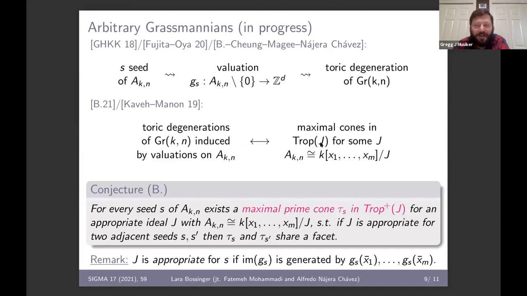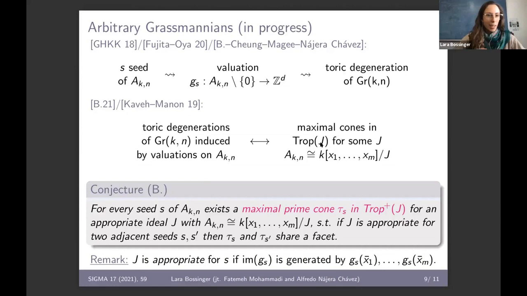I see. So I don't know if this is well defined since it would be outside the positive part, but does that mean that you could take some other maximal cone that's not necessarily in the trop plus, but just trop, and reverse engineer a quote unquote G vector map that really isn't for a seed, but for some other structure?